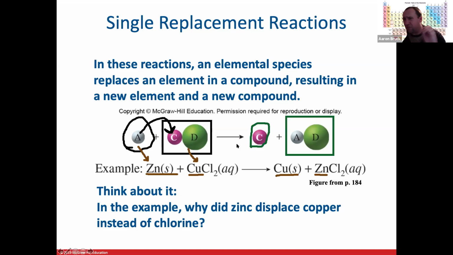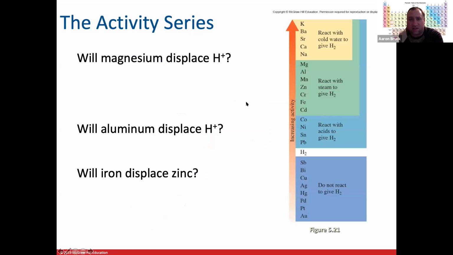But the really tough thing about single replacement reactions is that it's not as simple as this looks. Sometimes when we put an element and a compound together, we actually don't see any reaction at all. That is because of something called the activity series.